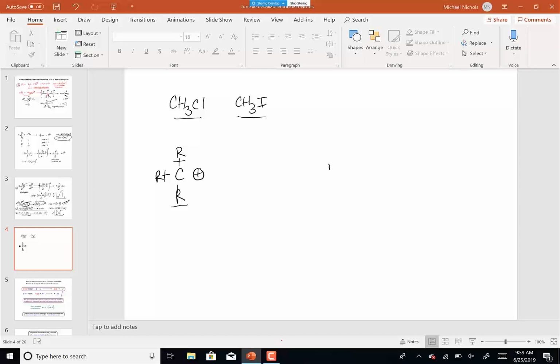So let's write out a C plus, and then let's add an alkyl group to it, like a methyl group. How does a methyl group stabilize a carbocation? Well, how do I stabilize that carbocation anyway? Right now it's got 6 electrons.